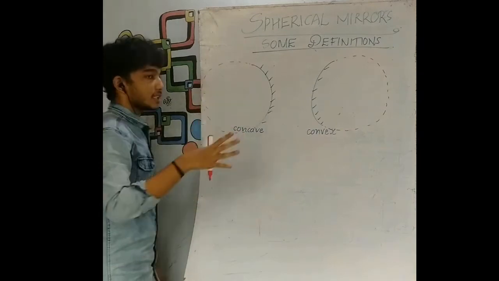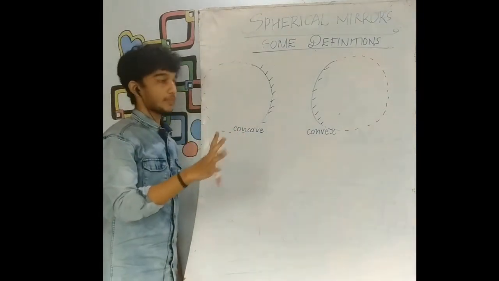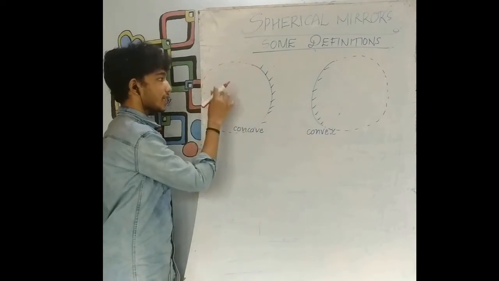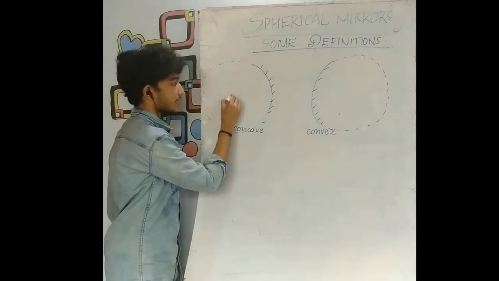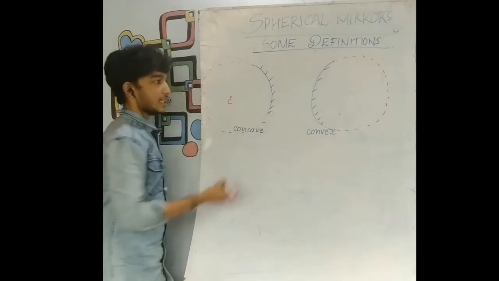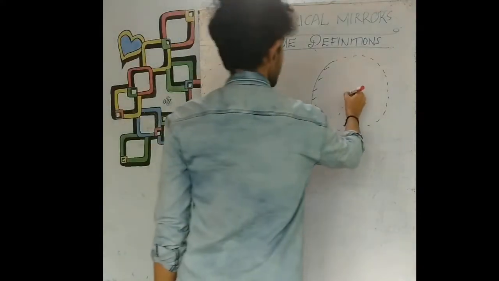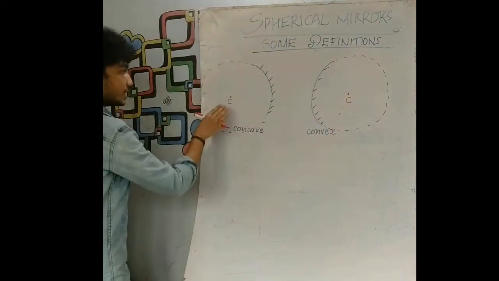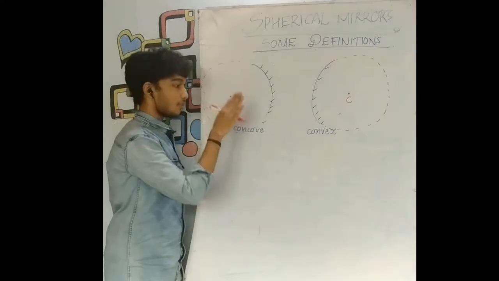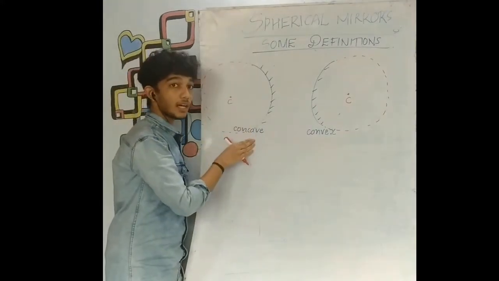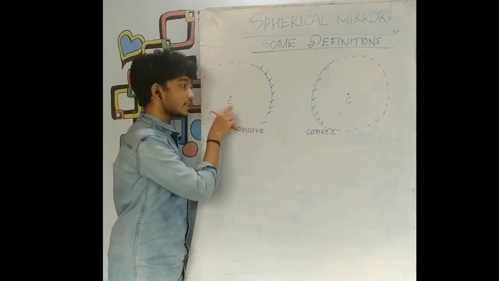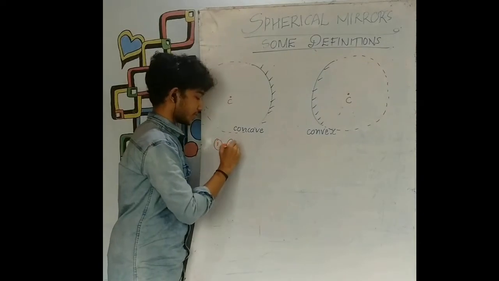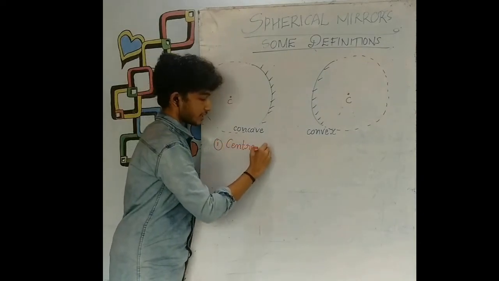Each sphere will have its own center. Let me denote it by the letter C. Similarly, this sphere also will have a center, denoted by the letter C. The center of the sphere of which the concave mirror was a part is known as the center of curvature of the concave mirror. That is the first term, center of curvature.